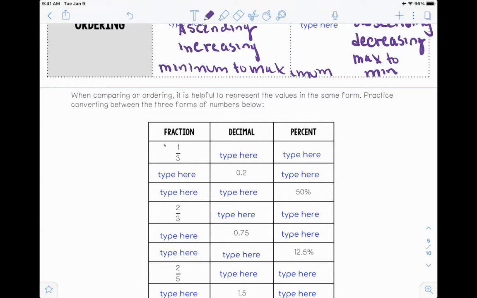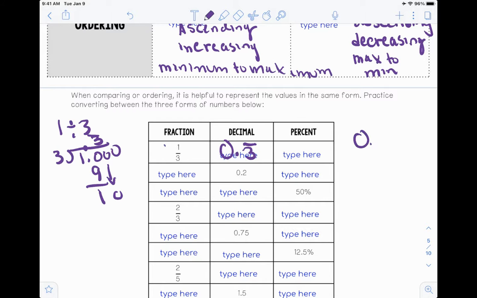If you were going to take 1/3, remember that's 1 divided by 3. So how many times does 3 go into 1? Well, it doesn't. It's too large, but it goes into 10 3 times. And you can see you have your repeating decimal. So this would be 0.3 bar.